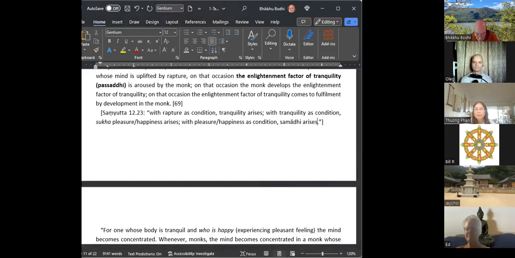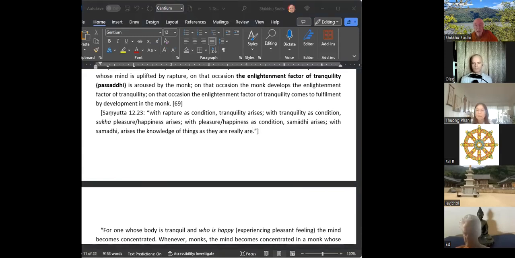And then from samadhi as condition, there arises the knowledge of things as they are. I haven't found this question raised in the text, so I could only offer a guess as an answer.